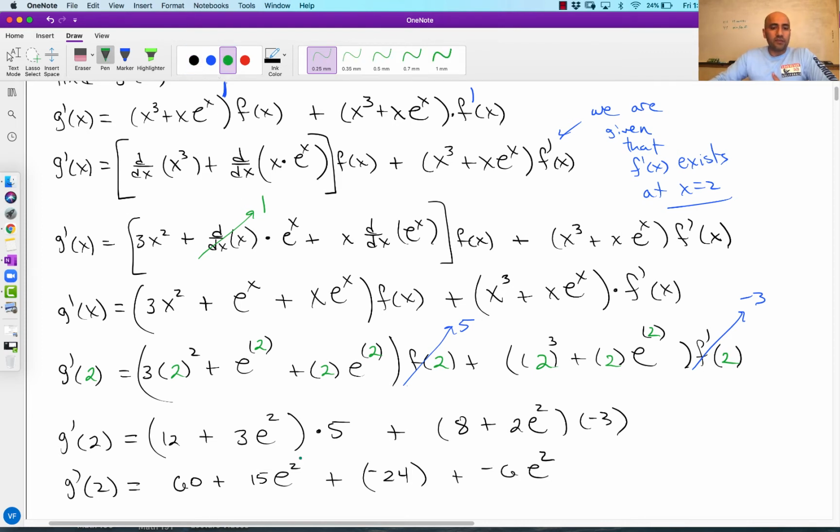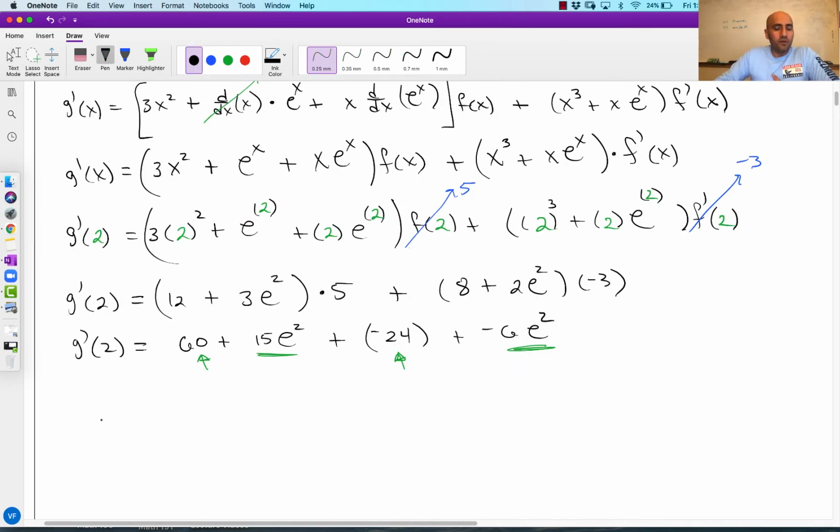And then, of course, this one and this one combine, and the constants combine. And so my final answer is g prime of 2 equals, combining the constants, I get 36. And combining these, I get plus 9e squared. So there's my answer.